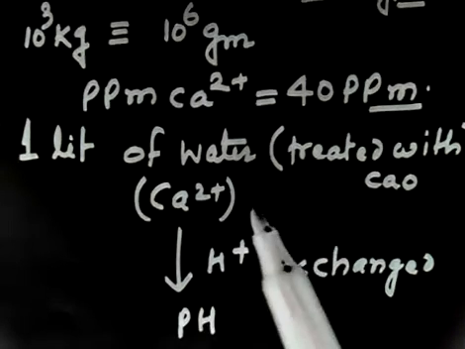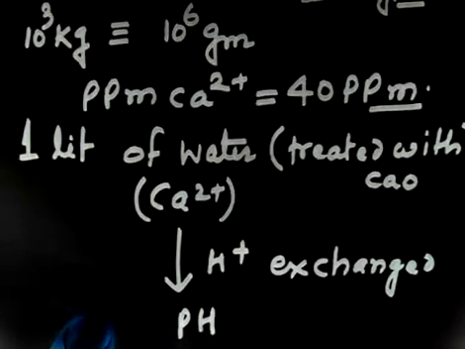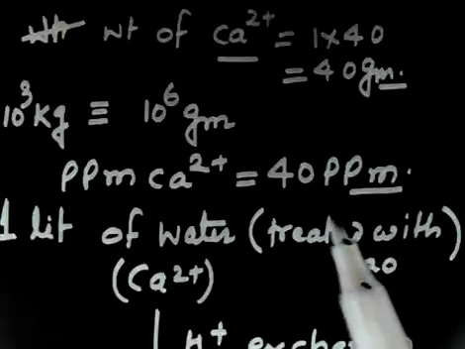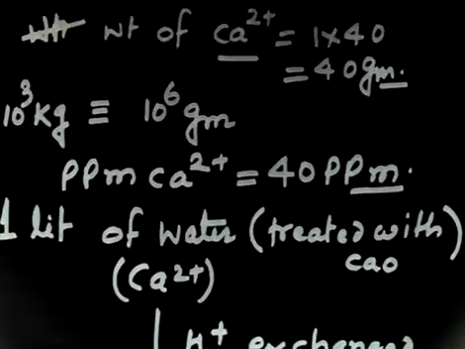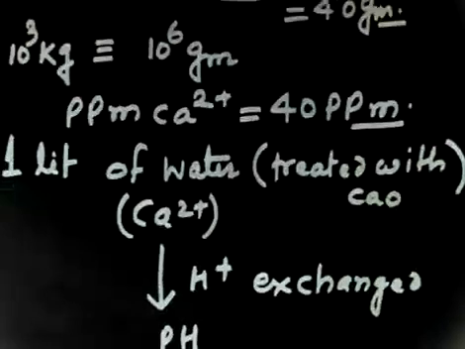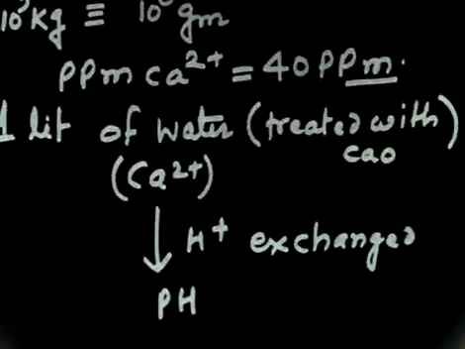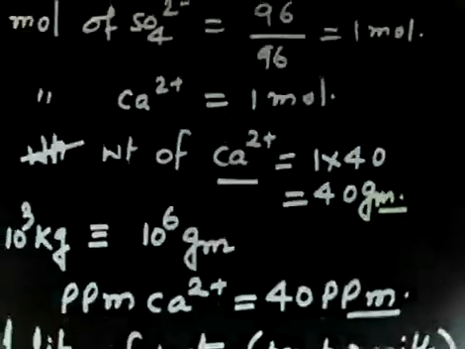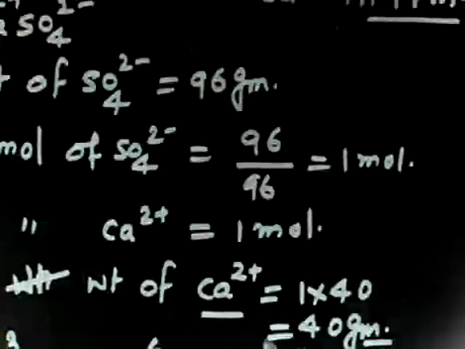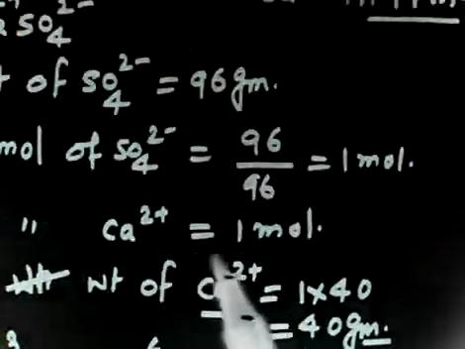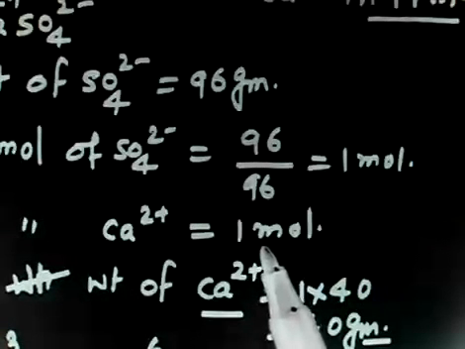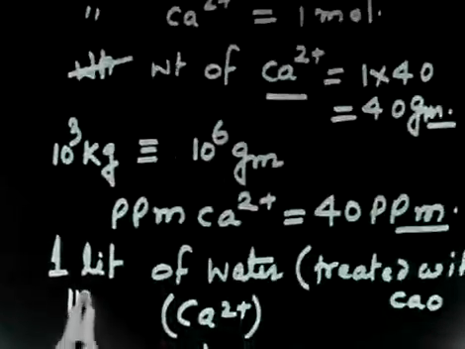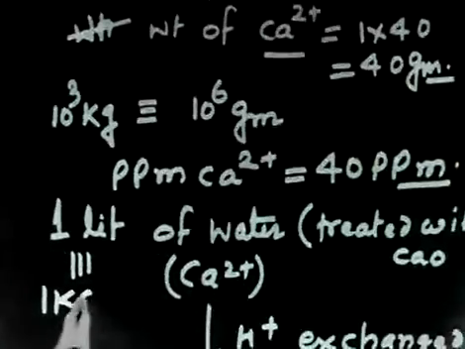So first find out the mole of Ca2 plus in 1 liter solution. You have 40 ppm. Now you see, we have already calculated the mole of Ca2 plus in 1000 kg, which is 1 mole. Are you getting? And 1 liter is nothing but around 1 kg. If density is 1, I can assume 1 liter is 1 kg.